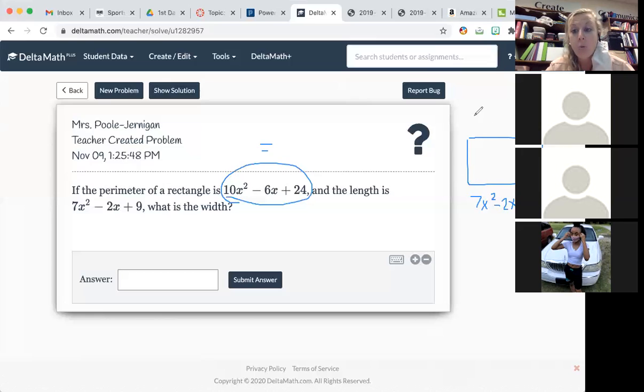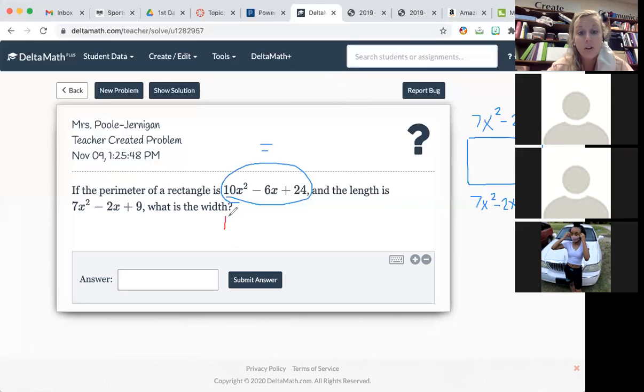So remember on that homework, a bunch of your classmates didn't subtract 2 of the lengths. You've got 2 of these lengths. So you got to subtract both of them from the total to find each width. Okay? So are you guys okay if we go ahead and double this? Yes. All right. So 7x squared and 7x squared. If I double that, what do I get?